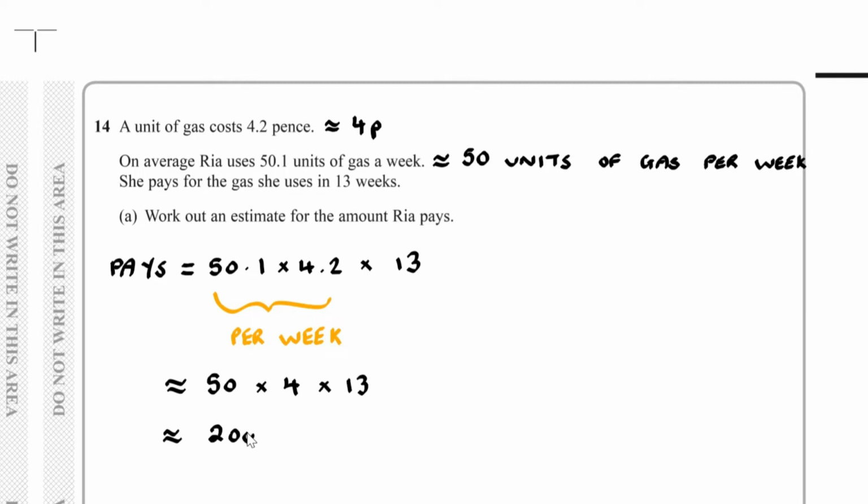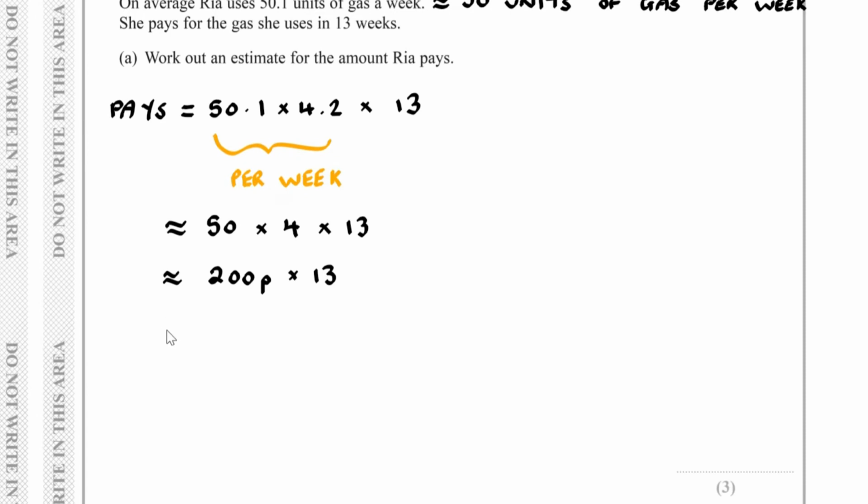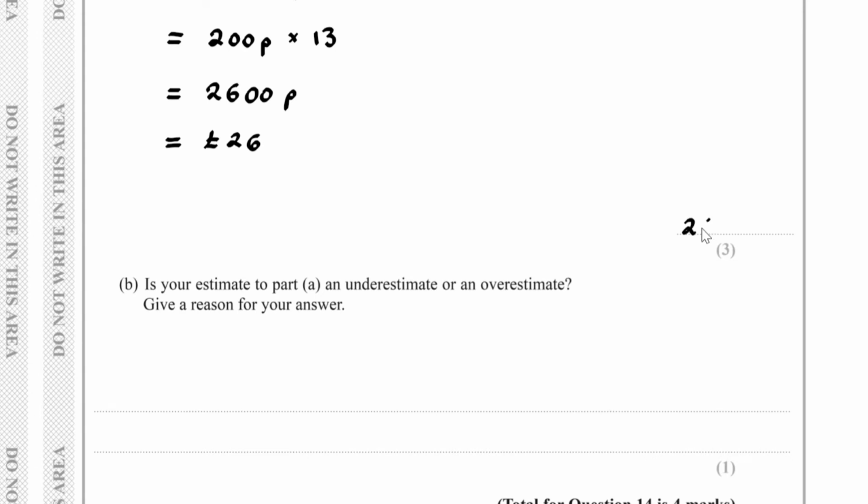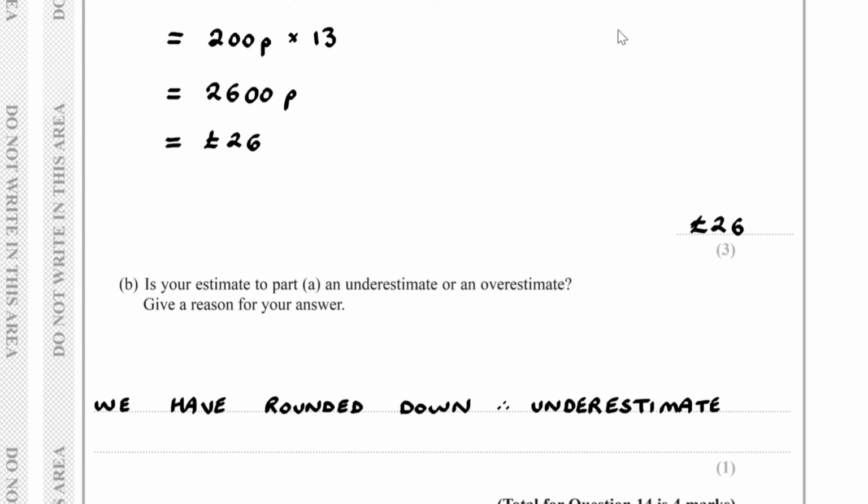So we've got 200 pence times by 13, which is equal to 2600p, or £26. So we end up with £26. And now we have to think whether we've got an overestimate or an underestimate, giving a reason. So because we've rounded down, we've got an underestimate.